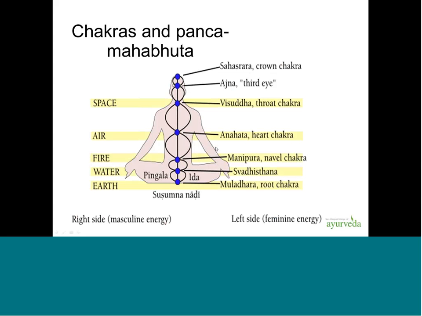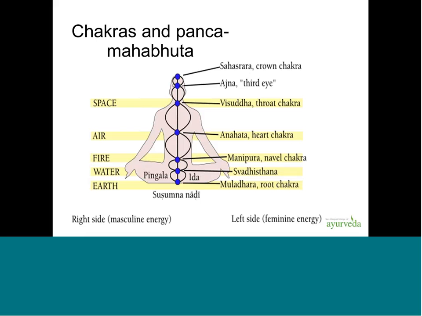So now we relate this back to the Panchamahabhut. The Muladhara chakra, the root chakra, is rather intuitively related to earth. The Swadhisthana chakra is between the Manipura, the navel chakra, and the root chakra. So what is the actual location of the root chakra?